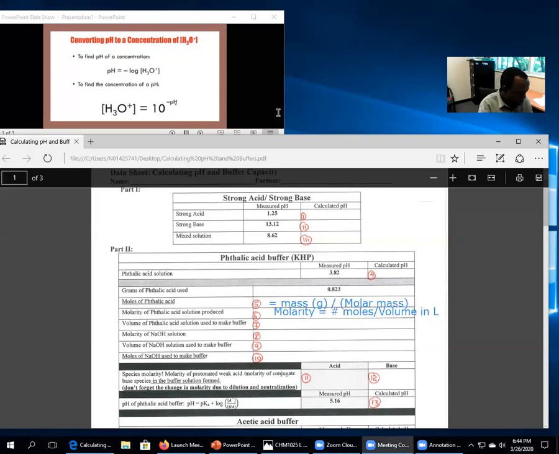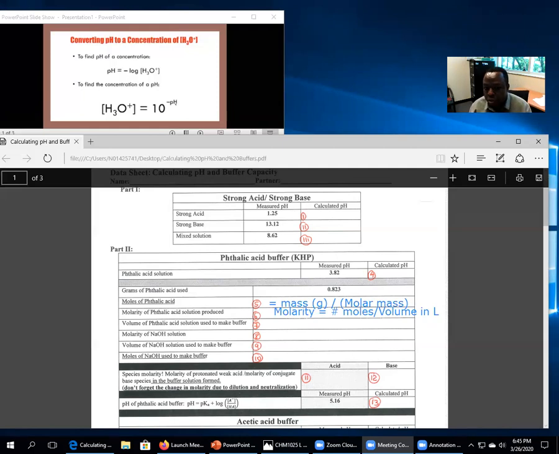What is the volume of the H2O used to prepare the acid solution? What is it? Look again at the direction, because if we don't get this right, down the line it will be difficult for us. Yes, to find the molarity, we know molarity equals the number of moles over volume in liters.